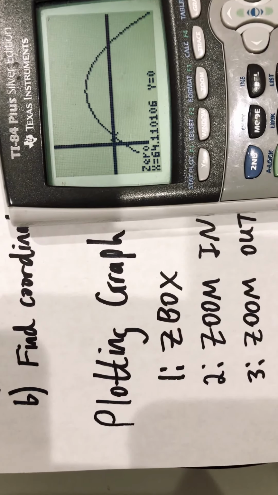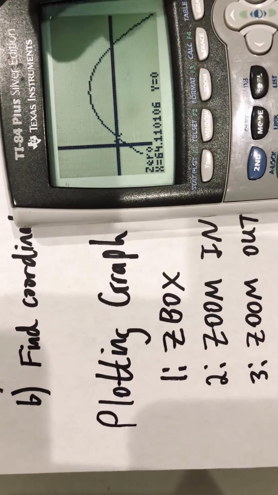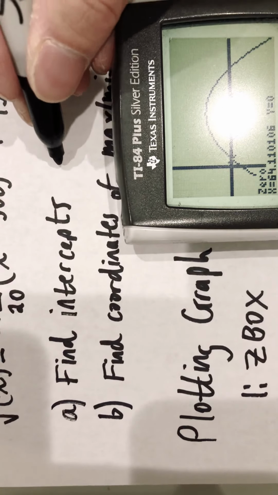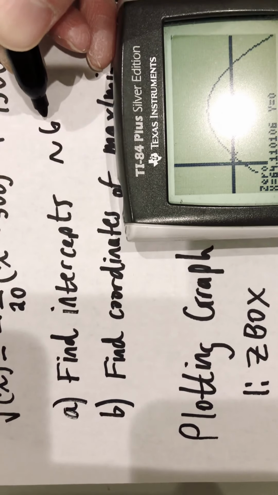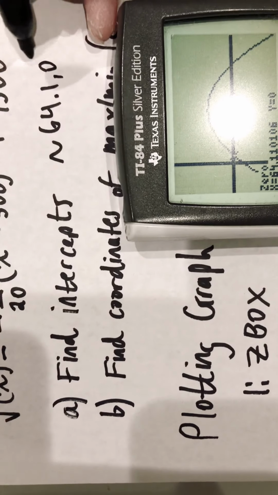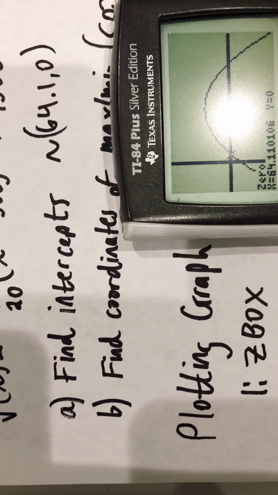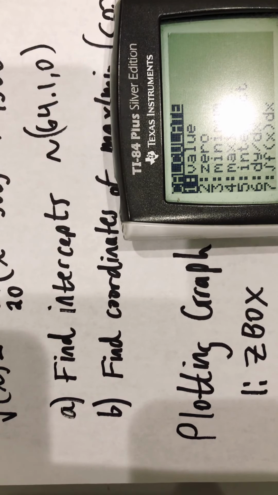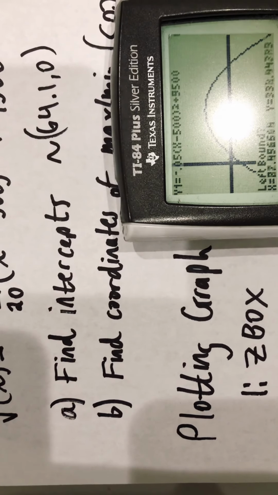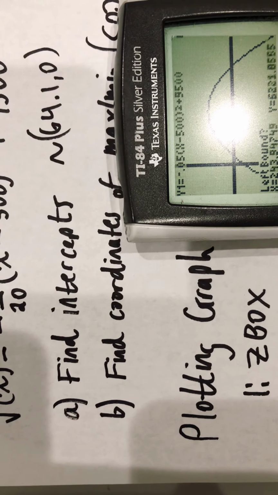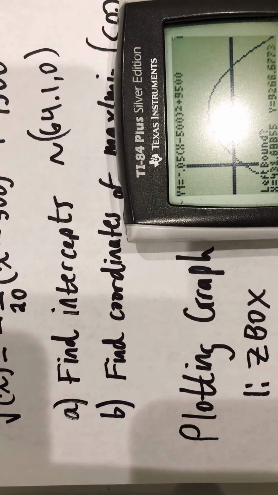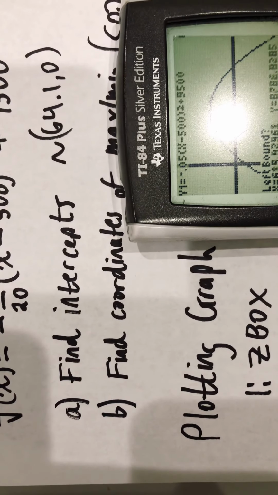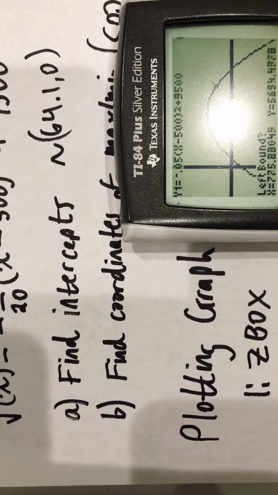So there's one at 64.10, and then let's go on this side. And this video is more about the zoom features, but I think it's also worth talking right now.